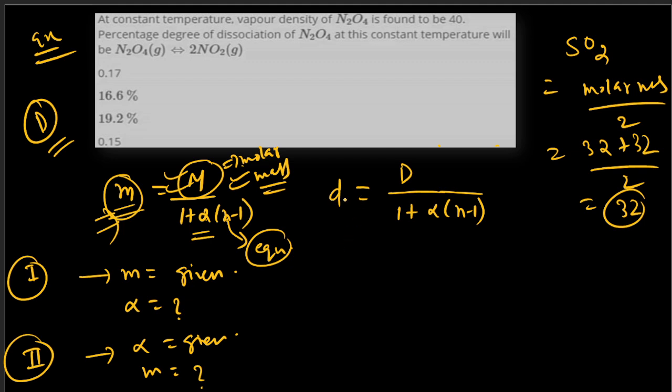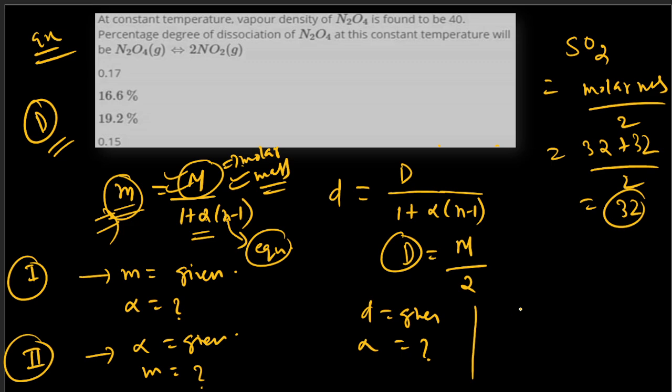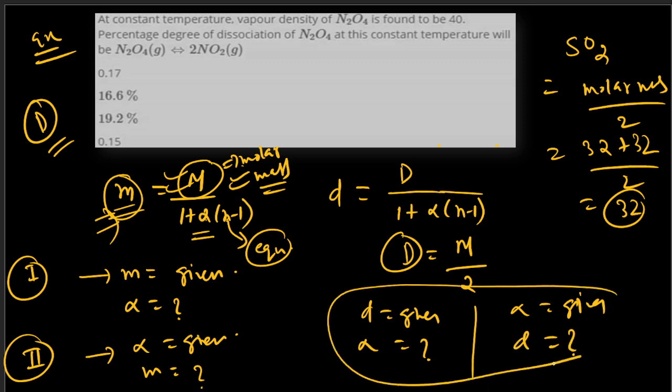Similarly for density, density is molar mass divided by 2, so we can easily calculate it. Either D will be given and alpha asked, or alpha given and D asked. So this type of problems can be asked from observed molar mass or observed density. Okay, thank you.